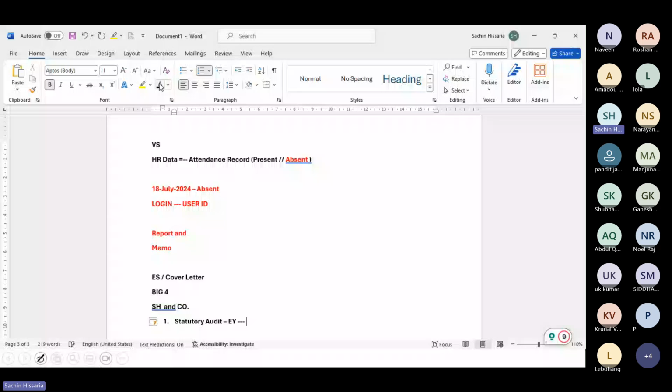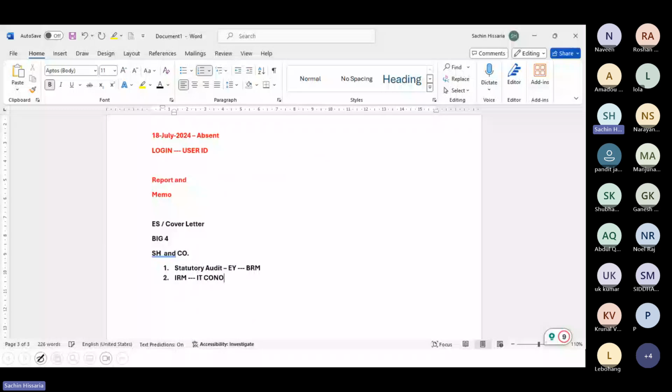They will check their IT controls, and then they will issue the audit memo to the BRM team saying that we have checked the IT controls and have not noted any discrepancy. Or if they note any discrepancy, they will write that discrepancy. That particular document is called an audit memo.